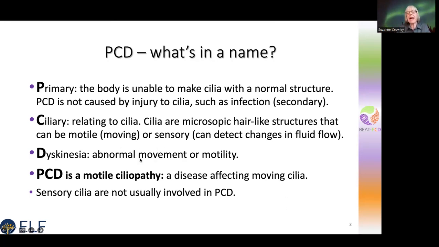Dyskinesia means abnormal movement, so the cilia cannot move normally. Another word for movement is motility, so doctors or scientists often refer to PCD as a motile ciliopathy, meaning that it is a disease that affects moving cilia.